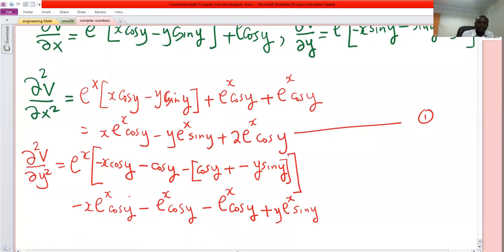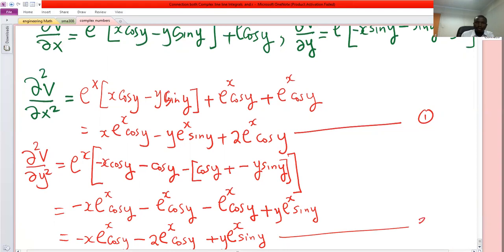We can simplify this one further. This and this are like terms, so we have minus x e raised to power x cos of y. This will be two of them, so minus 2 e raised to power x cos of y plus y e raised to power x sine of y. So call this one equation 2.